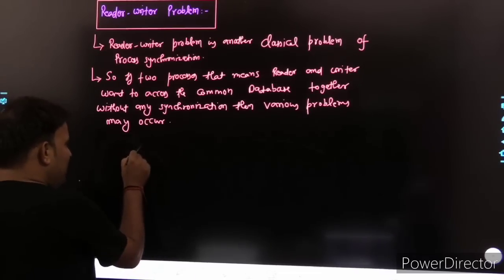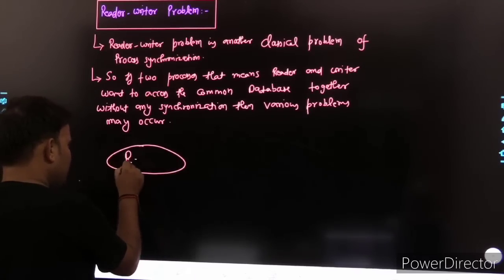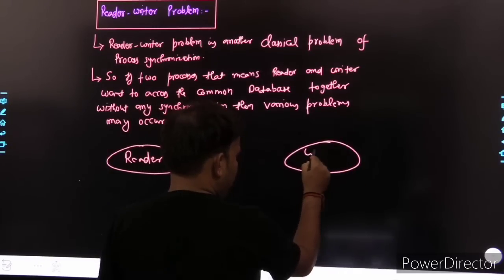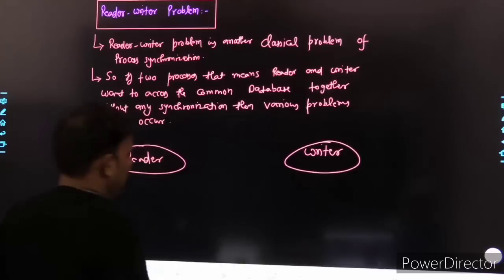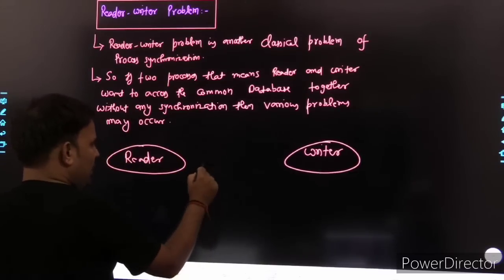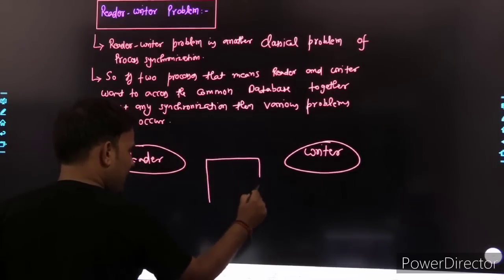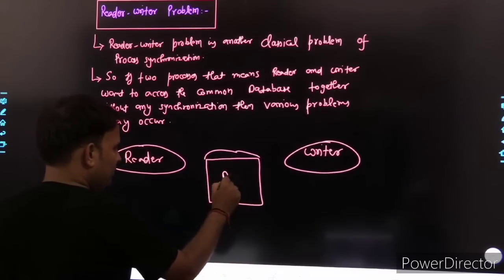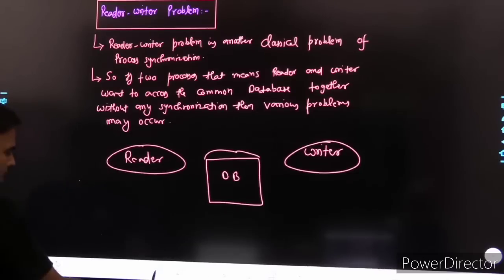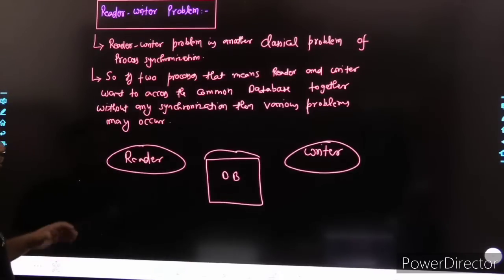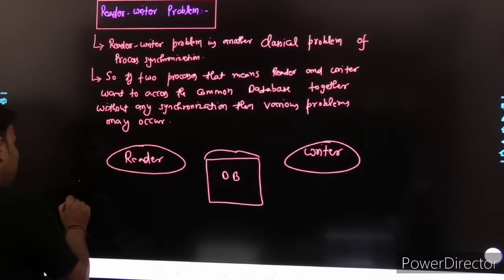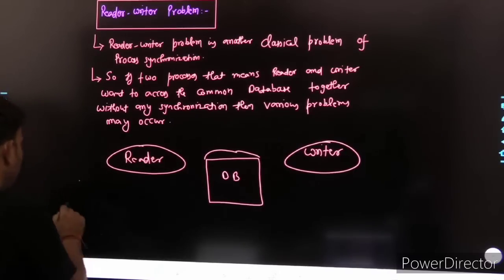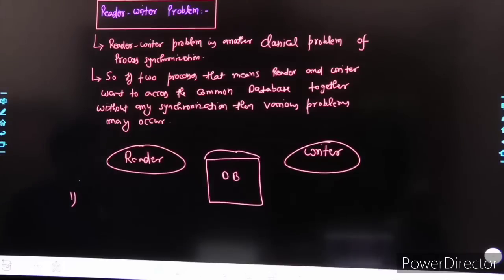So here I have a reader process, and here I have a writer process, and both reader and writer are using the same database, DB. What is the first situation where problems can occur?